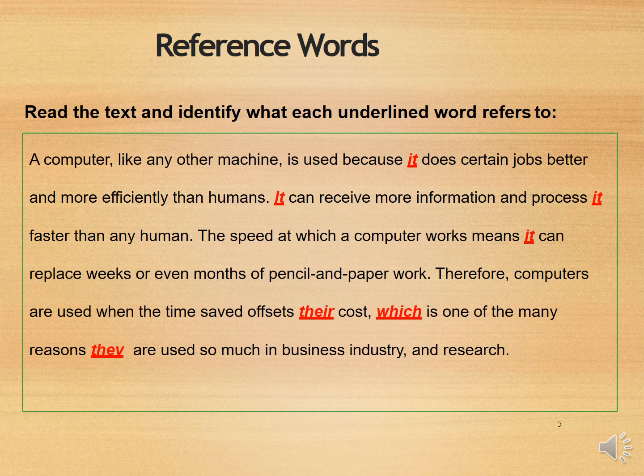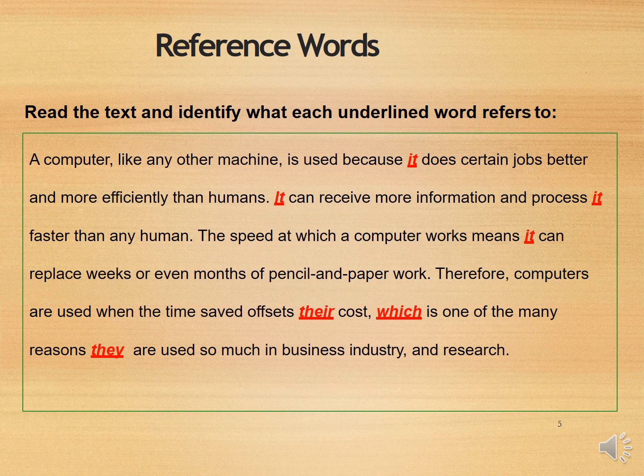A computer, like any other machine, is used because it does certain jobs better and more efficiently than humans. It can receive more information and process it faster than any human. The speed at which a computer works means it can replace weeks or even months of pencil and paper work.